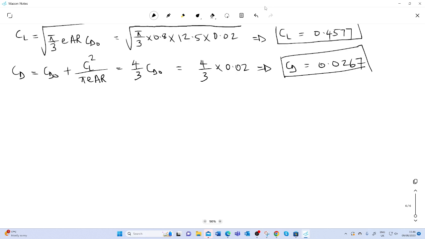Now we can calculate the K factor from the Breguet equation.